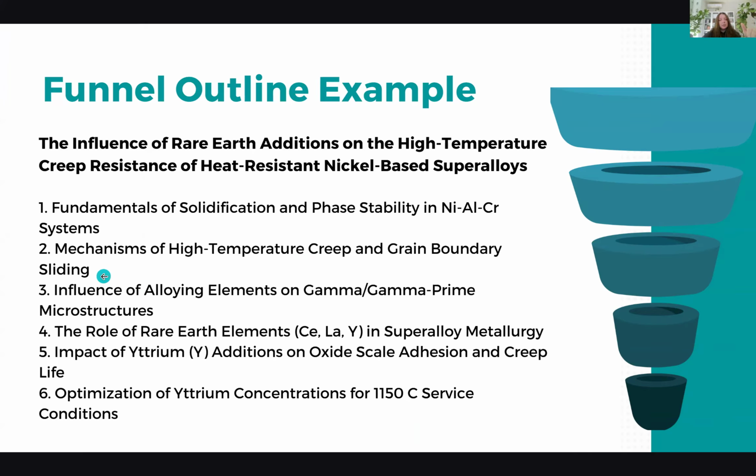In the next section, you narrow it down further. The influence of alloying elements on gamma prime microstructure. So now you are not just talking about creep, but you focus your attention on the influence the alloying elements have on this specific type of microstructure. Next, you narrow it down further to the role of rare earth elements such as cerium, lanthanum, and yttrium on superalloy metallurgy. So instead of just all alloying elements, you focus on rare earths elements.